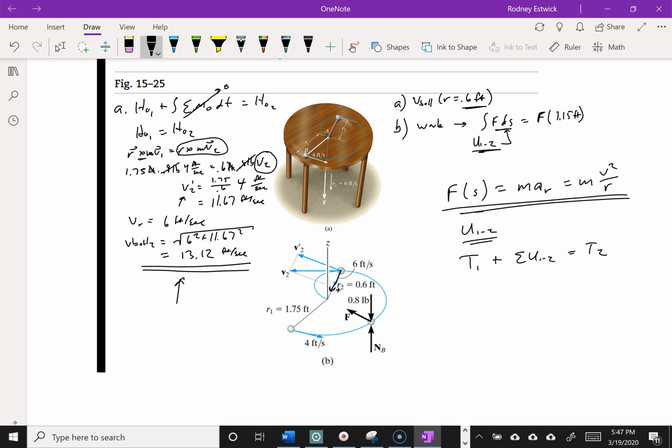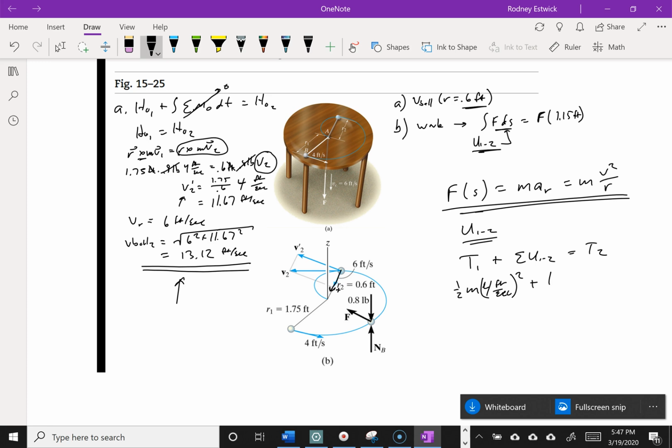Initially, 1/2 mass times 4 feet per second squared, plus, and there's only one work, there's no friction, the gravity's in the wrong direction, so I'll just call it U, that's the work. And that's going to equal 1/2 mass times, at time 2, 13.12 feet per second, squared.